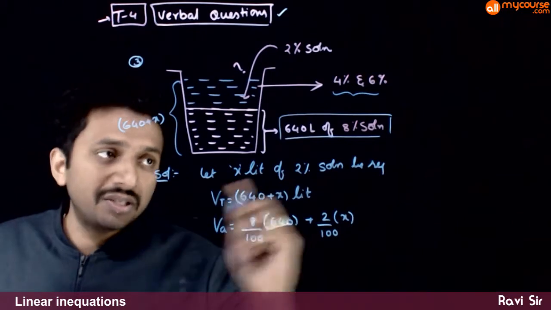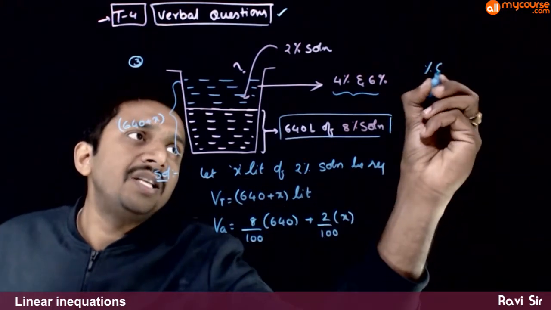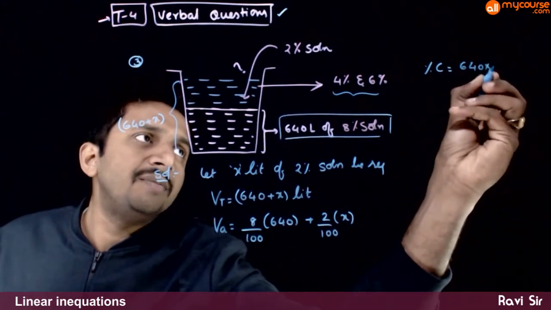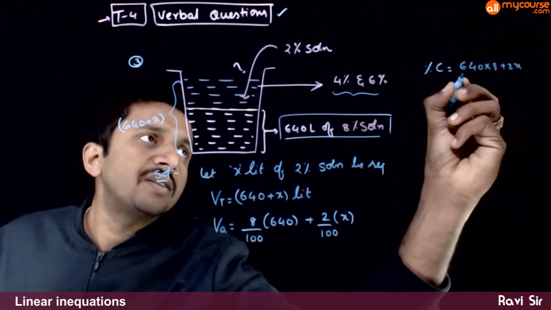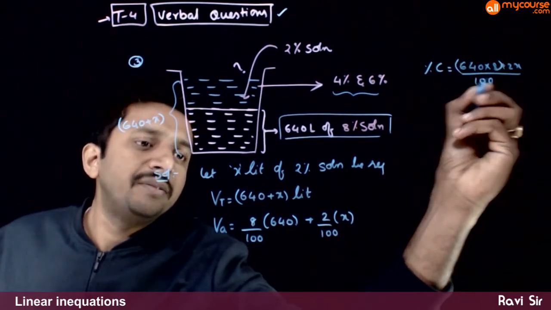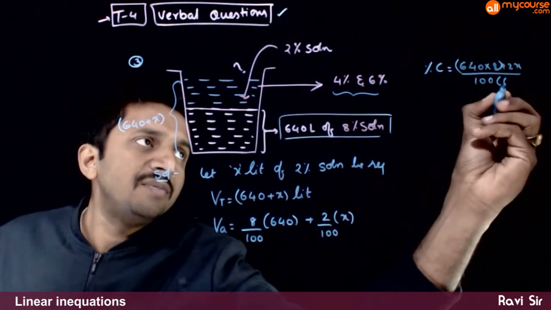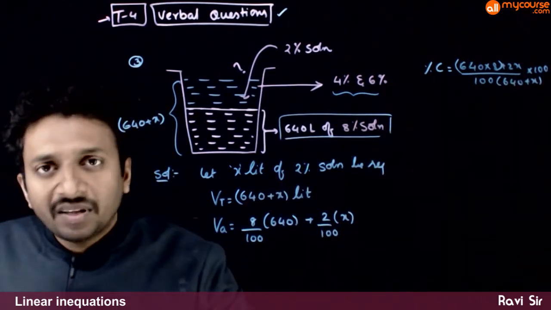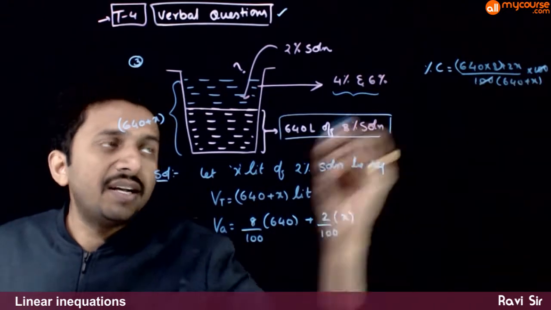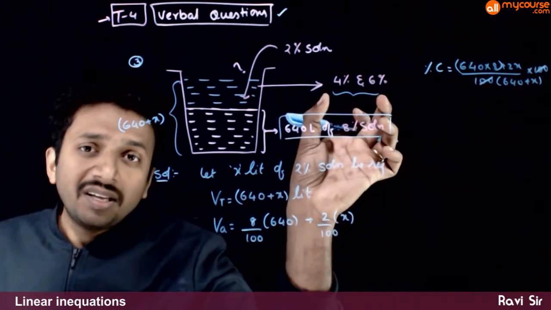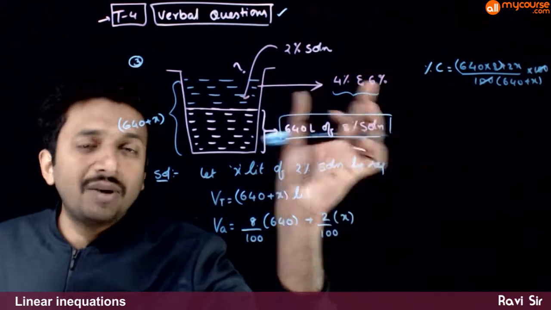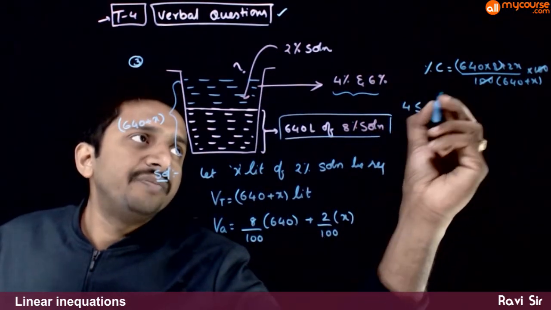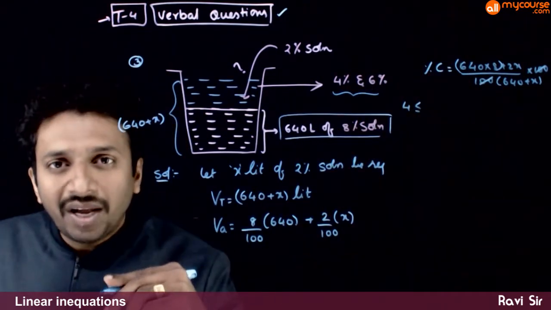That's the percentage concentration, which is (640 times 8 plus 2x) by 100, divided by (640 plus x), times 100. So this is the percentage concentration. This 100 and 100 get cancelled, and according to the given information, this percentage concentration has to lie between 4% and 6%. So this implies 4 is less than or equal to 640 into 8.